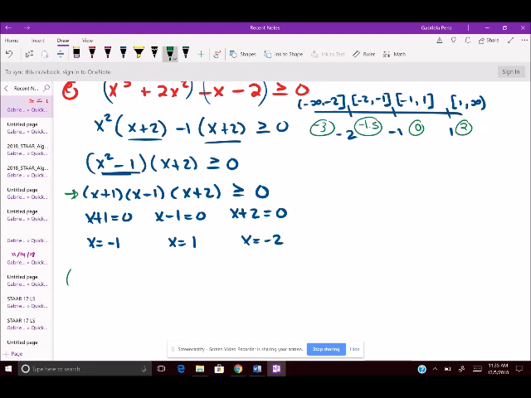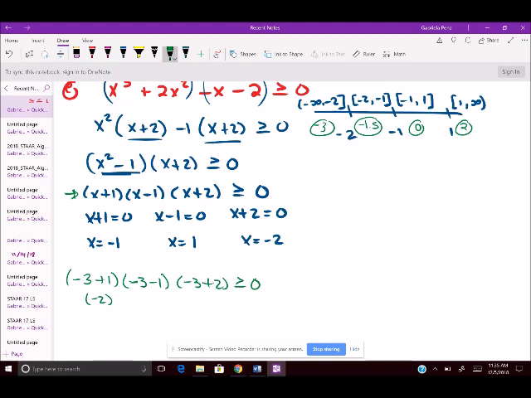All right, so let me do this one more time. Negative 3 plus 1, negative 3 minus 1, and negative 3 plus 2 should be greater than or equal to 0. So negative 3 plus 1 is what?